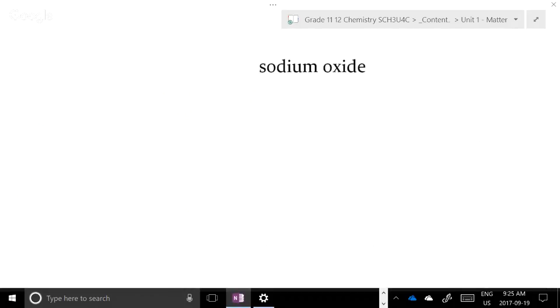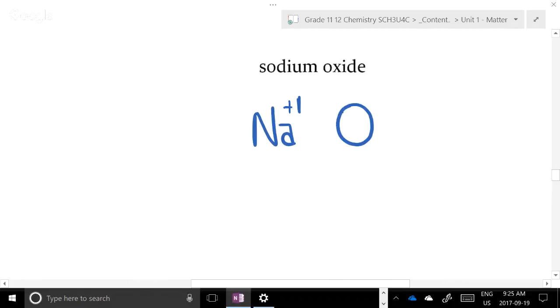So for this one, how do we approach it? What should I do? What charge does sodium take? +1. And what's the symbol for sodium again? Very good. And what about oxide? Oxide is telling me that the anion is oxygen. And what charge does it take?